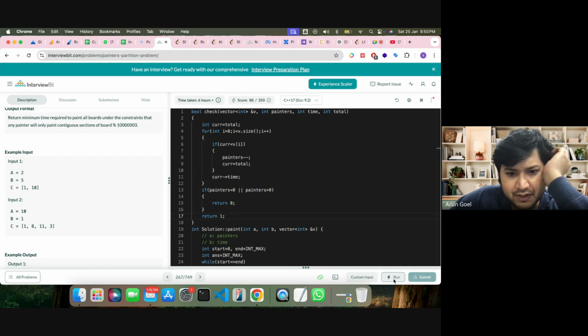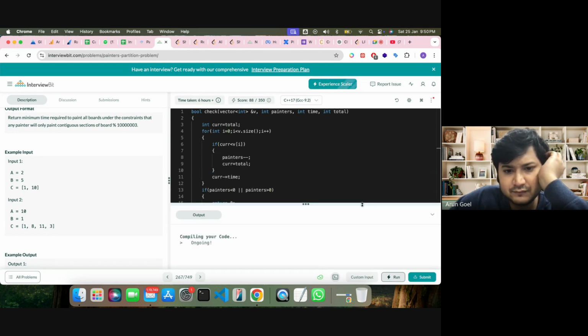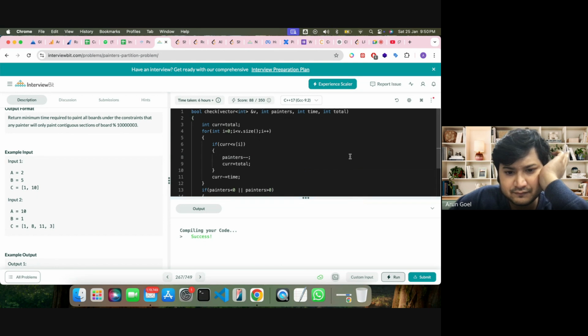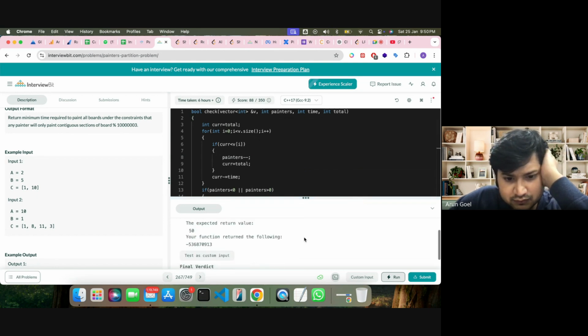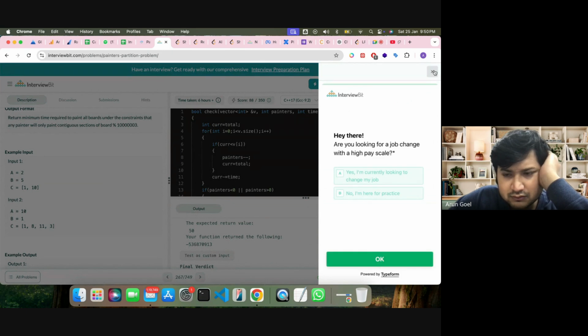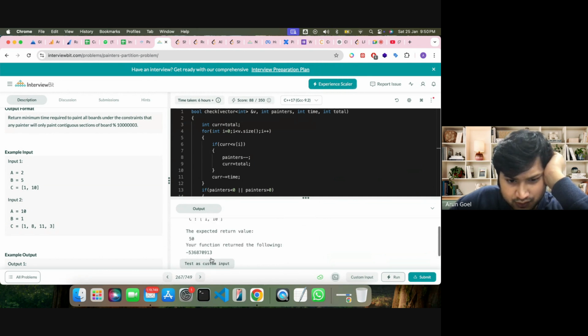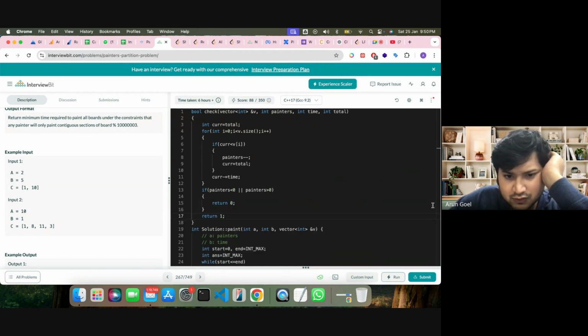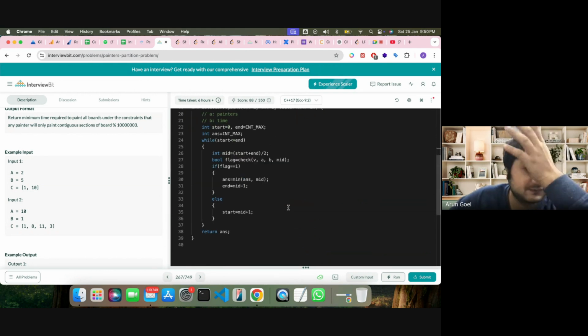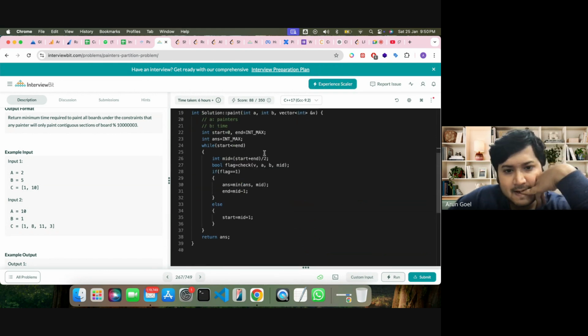Let's try to run it now. Okay, the function returned the following. Okay, how is this coming out to be negative? We checked out for mid, we passed in mid.